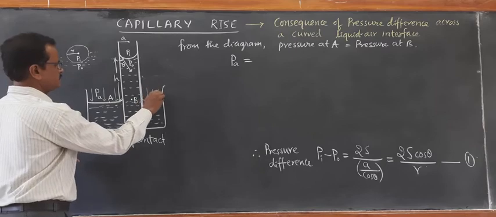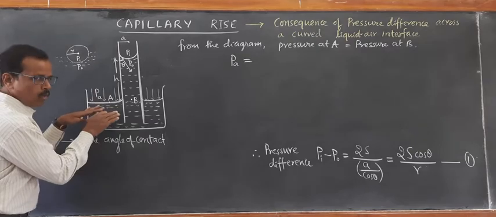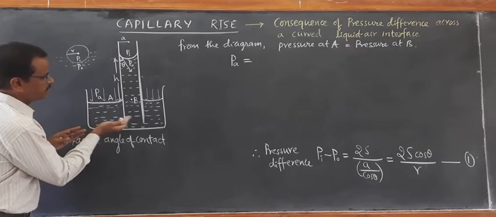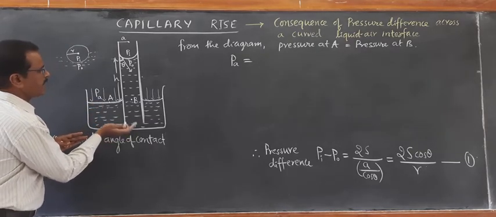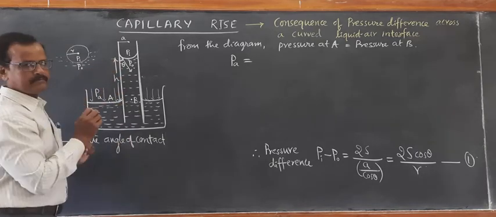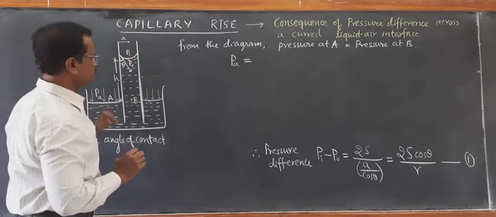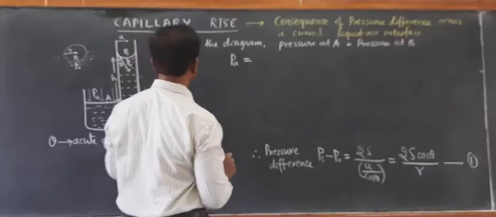So this atmospheric pressure exerted on the water surface in this trough is balancing this much height of the liquid, that is absolute pressure plus gauge pressure. Pressure at A is equal to pressure at B.